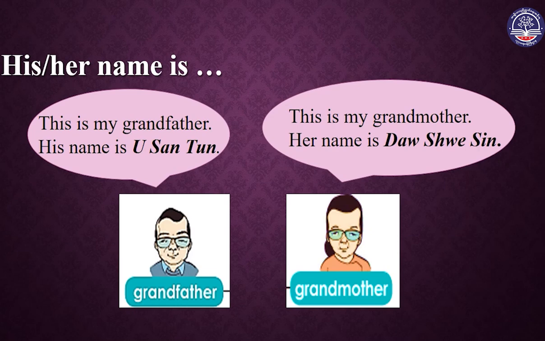For your brother, you have to say his name. For your sister, you have to say her name. Also, grandpa, you have to say his name. For grandma, we have to say her name. Like that. His is used for boy or man, and her is used for girls or woman.